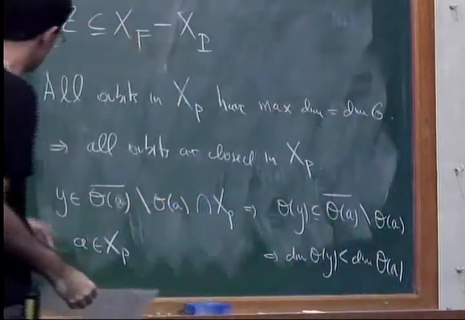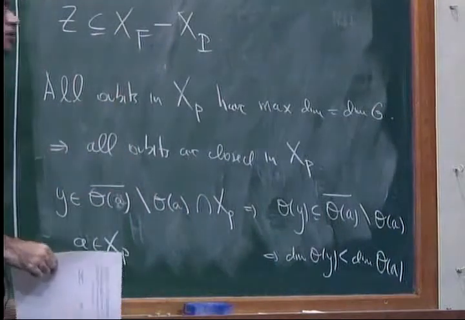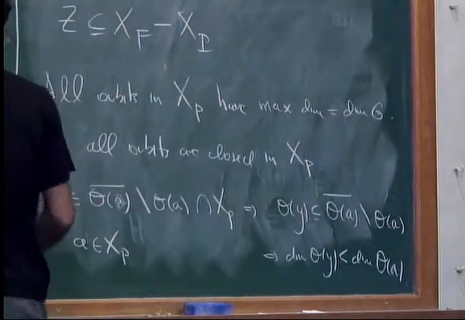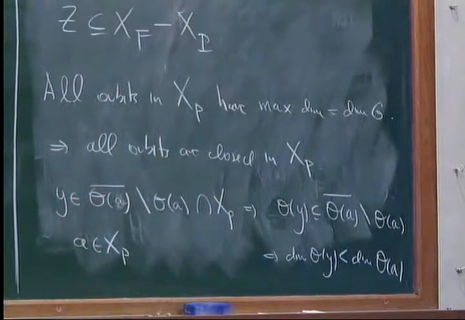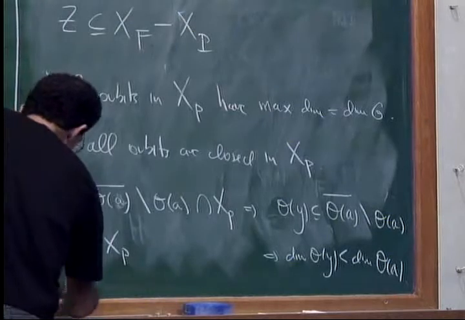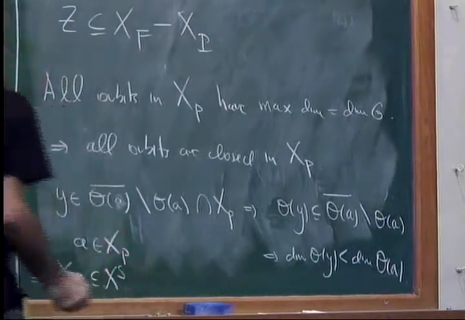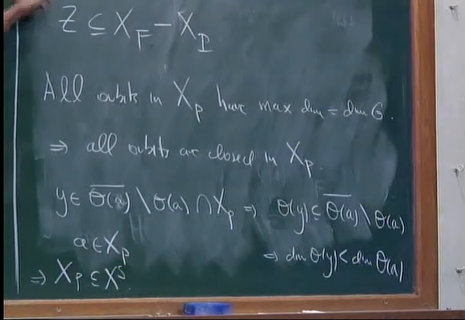Which is not the case, because all orbits have the same dimension. So that guarantees that all the orbits are closed, and that's what I need to get stability. So that tells you that XP is contained in the stable locus, and X is in there. Okay?